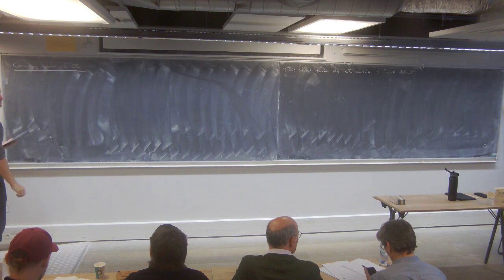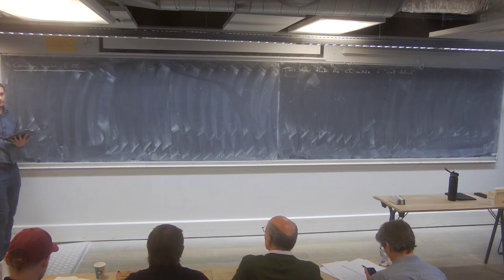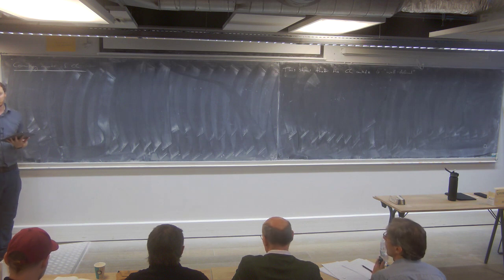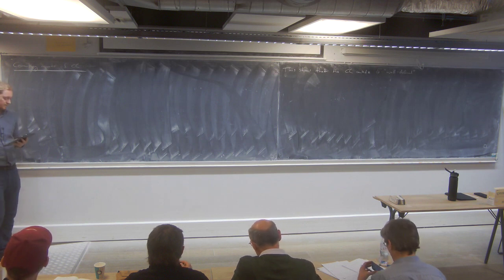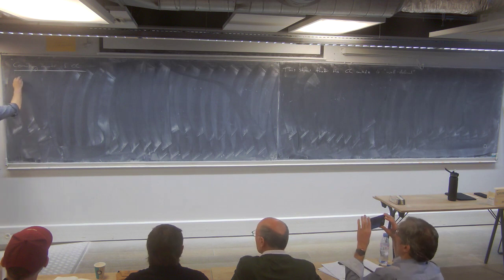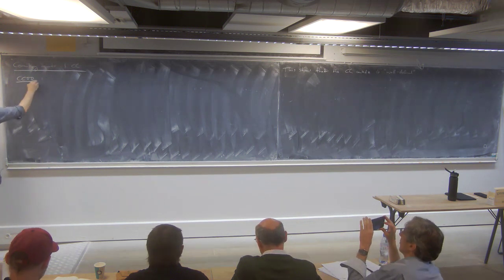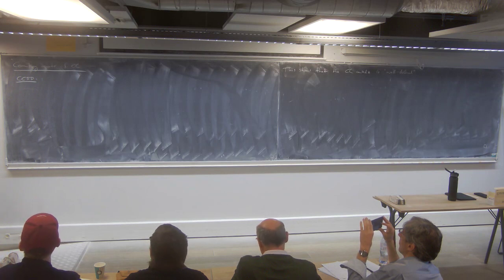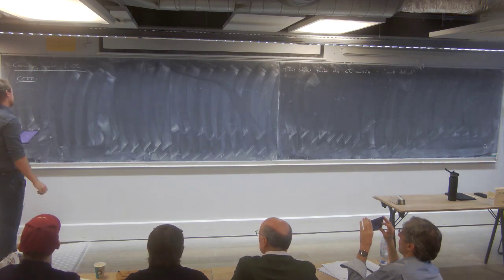Counting roots of CC. So if we try to count the roots for a general coupled cluster theory, this is rather ambitious. So let's be reasonable and let's try to compute the roots corresponding to CCSD.